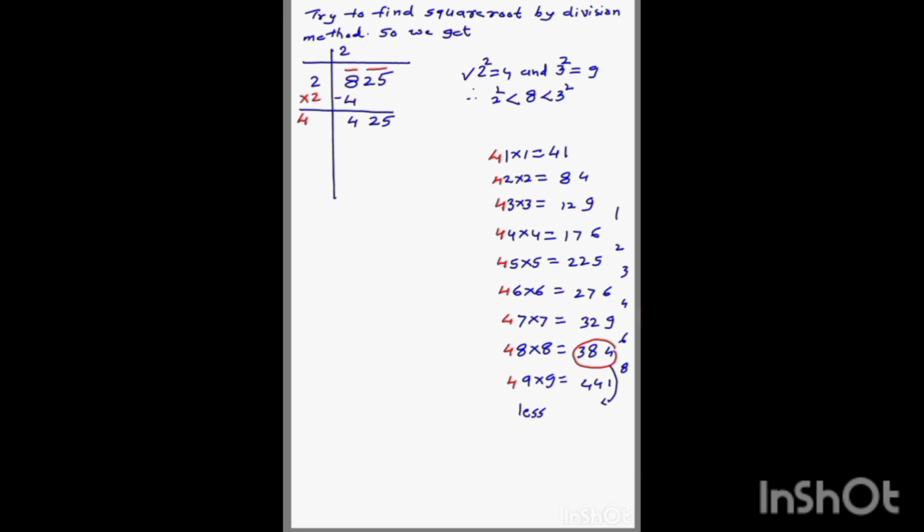See the difference: in the usual method you take the higher number, but here you take the lesser number. So take 48 into 8, which is 384.